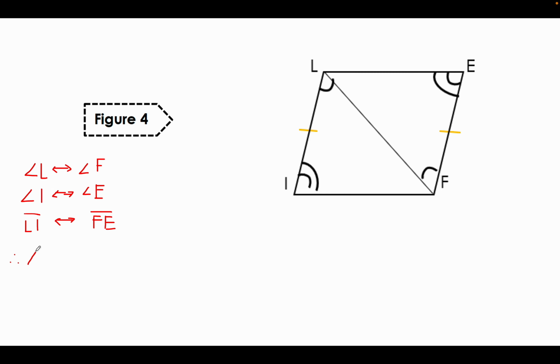So therefore, triangle LIF corresponds to triangle FEL, so triangle LIF is congruent to triangle FEL. Since the two angles and their included side are corresponding parts, we can now conclude that triangle LIF and triangle FEL are two congruent triangles. Okay? So that's it for the ASA congruence postulate.